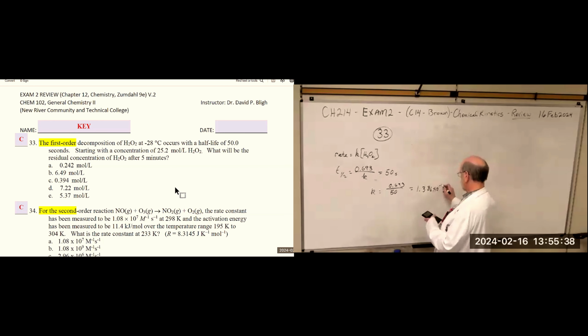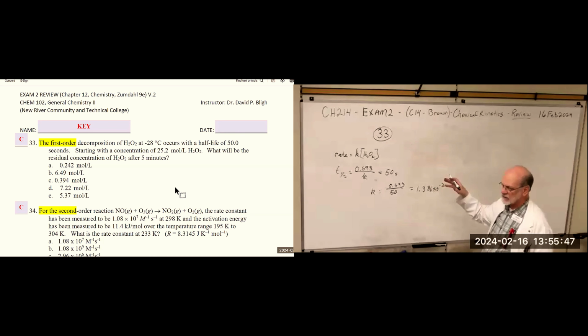1.386 times 10 to the minus 2. So the next thing we need is the formula for the first order reaction, the integrated law.